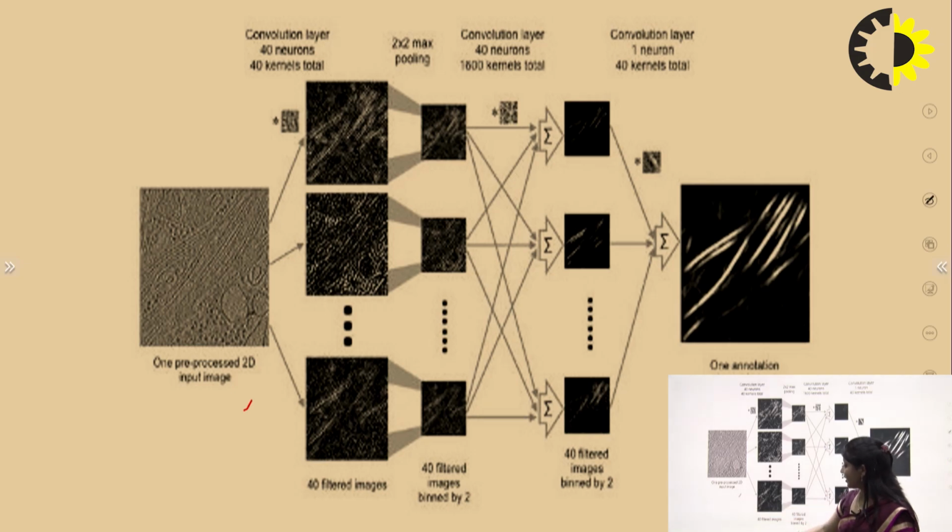We have a 2D image, these are the filters, then 2 by 2 max pooling, which reduces it to half size, and then we apply the convolution layer on 40 neurons, 1600 kernels total. So 40 neurons are there, and we have applied the activation function.